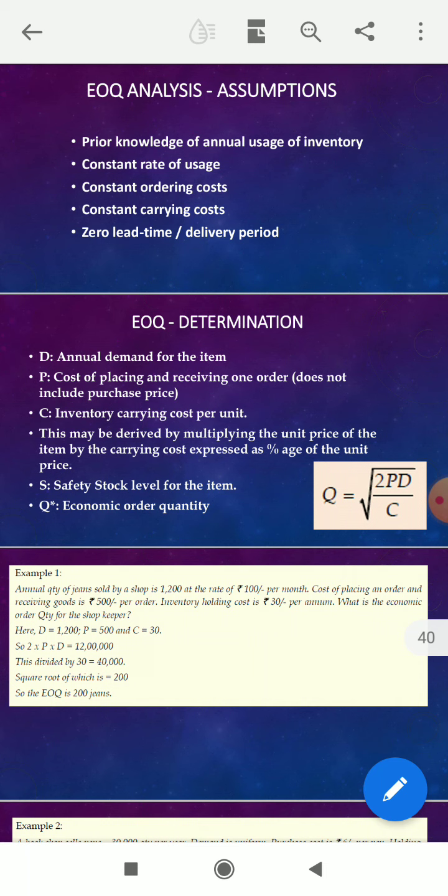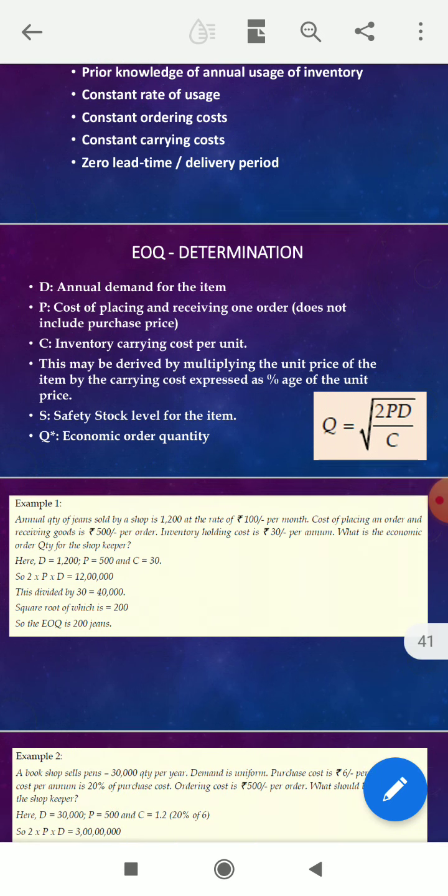So 2PD, 2 into P which is 500 into D which is 1200, we get 12 lakh as 2PD. This is divided by 30. 12 lakh divided by 30 is equal to 40,000. Square root of which is 200. So the economic ordering quantity is equal to 200 jeans.